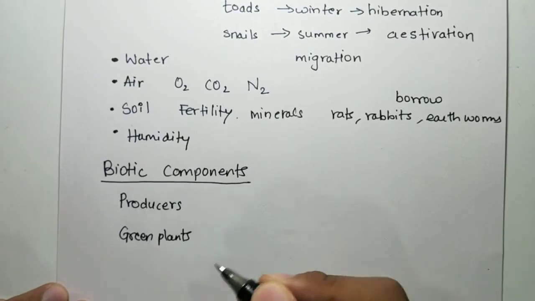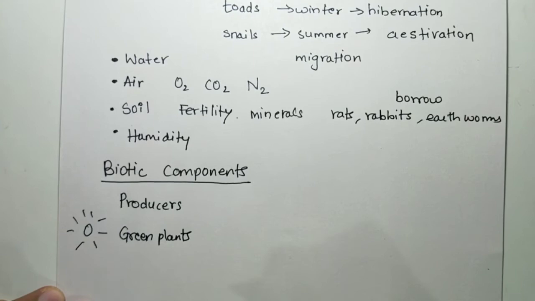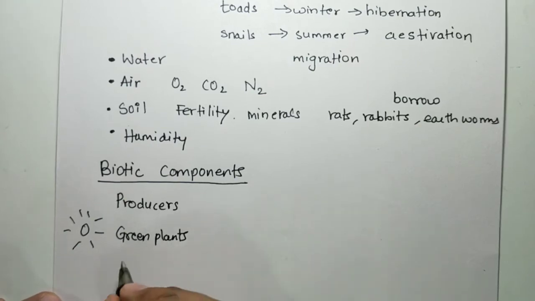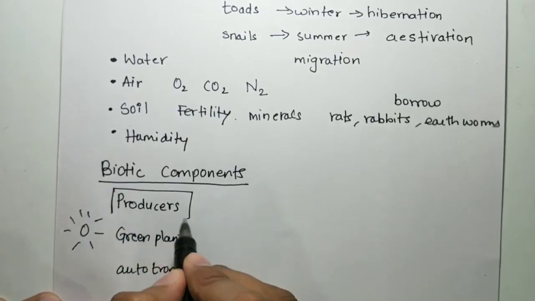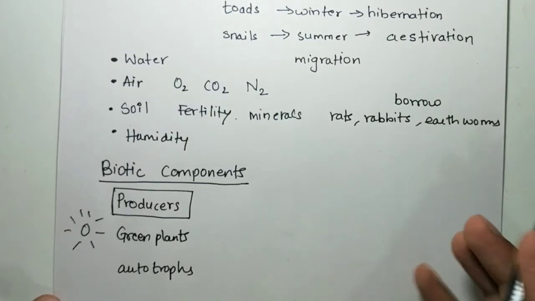Plants which make their own food with the help of sun. Okay. They are also called autotrophs. Okay, so the first ones are plants. You can call them primary.